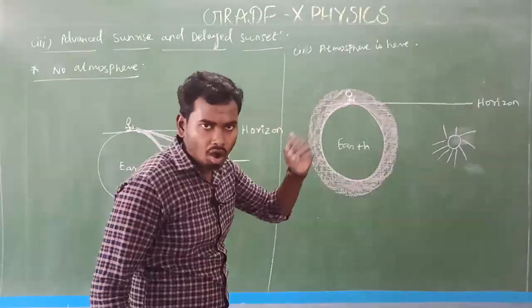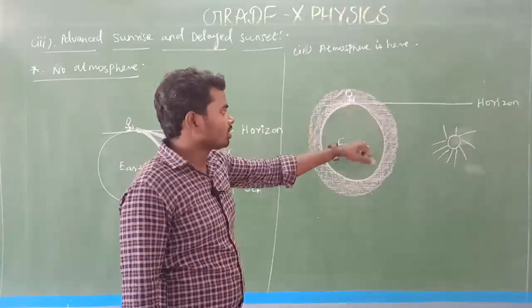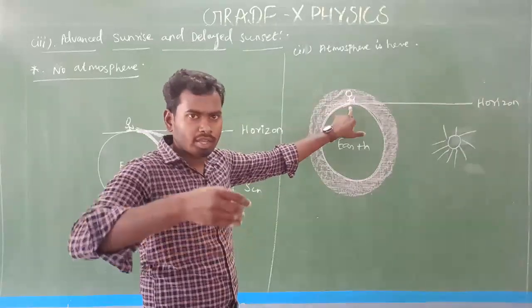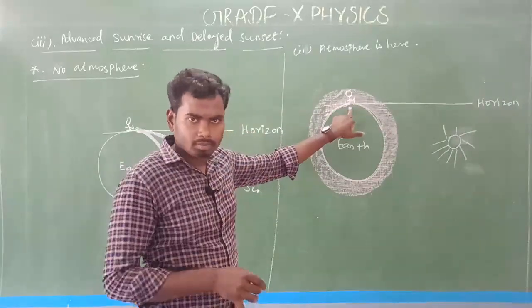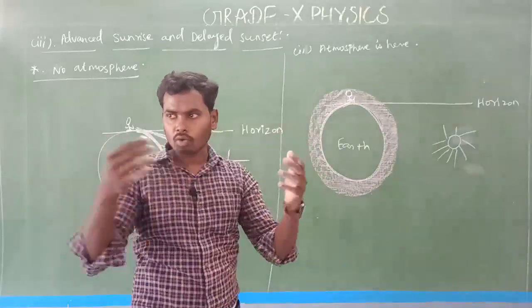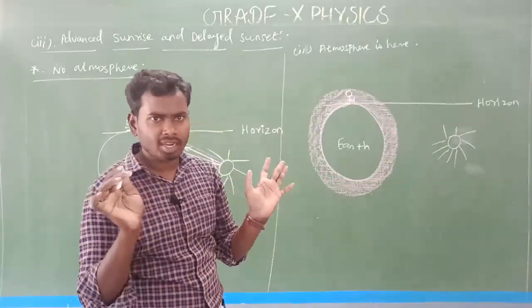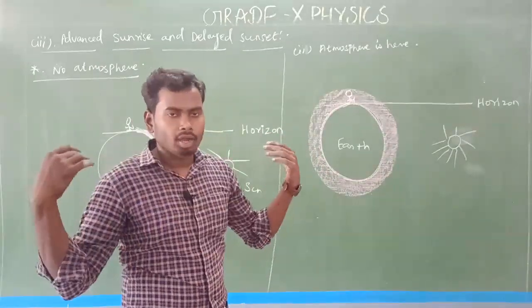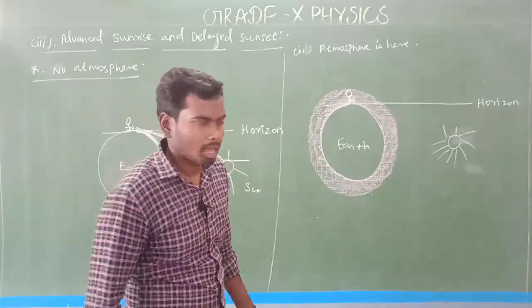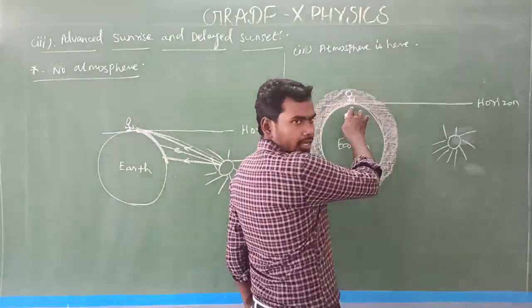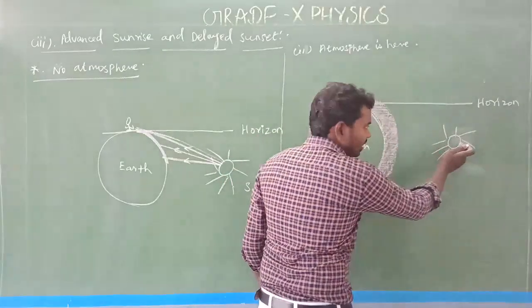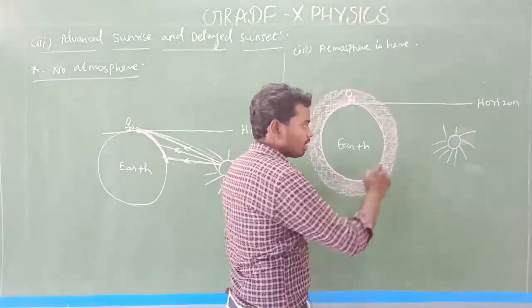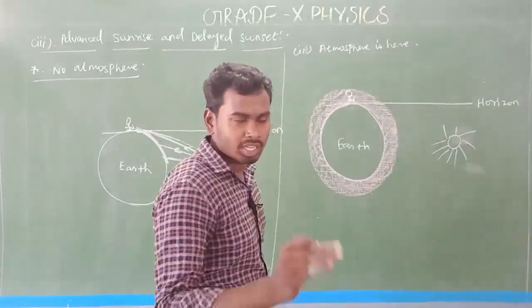So we are living on the Earth surface, actually among the atmosphere. You cannot see the air particles, but in our surroundings atmosphere is there. Am I right? Yes. So we are living here, and the sun is below the horizon. That is considered as sunset.